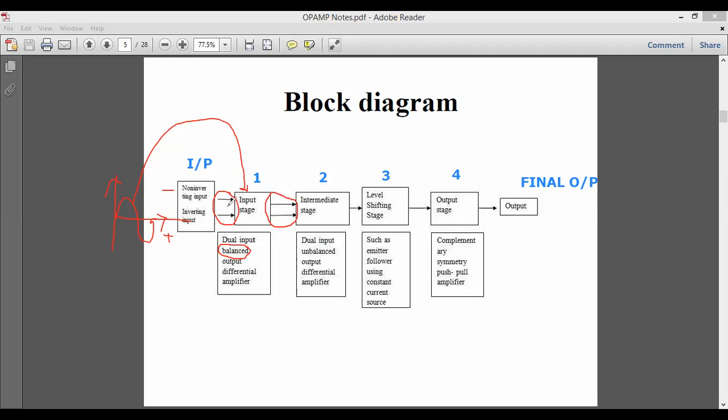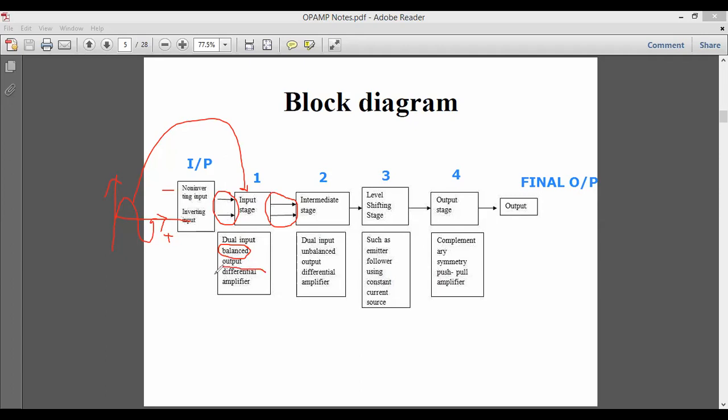Can you see there are two arrow marks here and two arrow marks here? During such conditions, we call it a balanced input and balanced output device. So it is a dual input, with two arrows. Why is it balanced? Because the number of arrows is the same at both input and output. Therefore we call it a dual input balanced output differential amplifier.